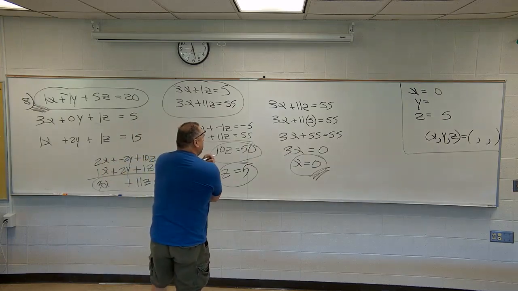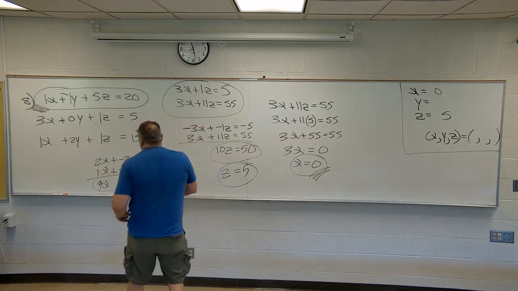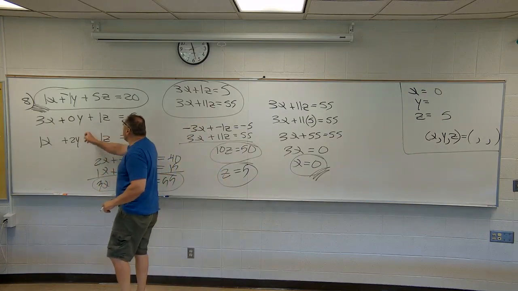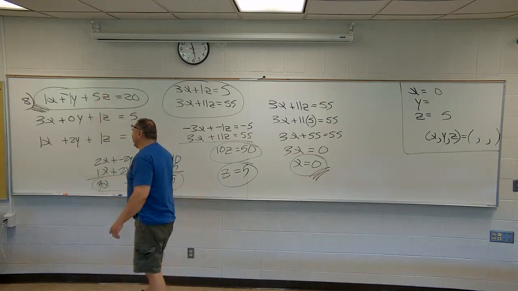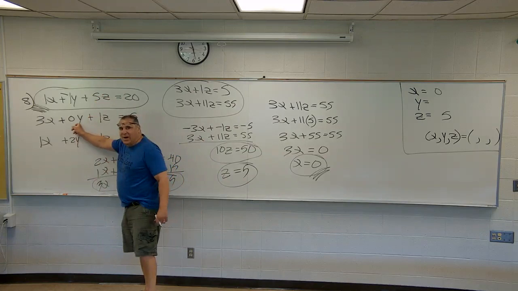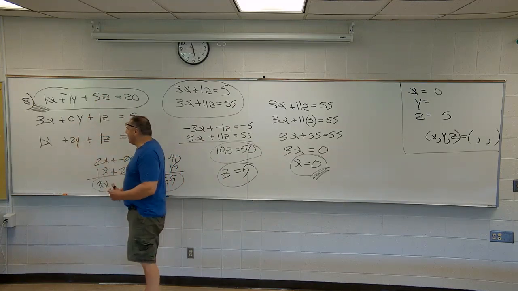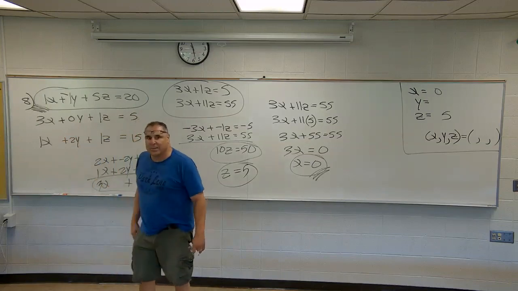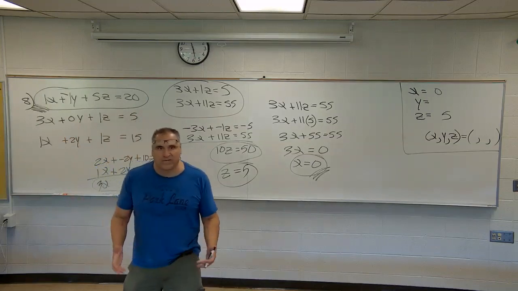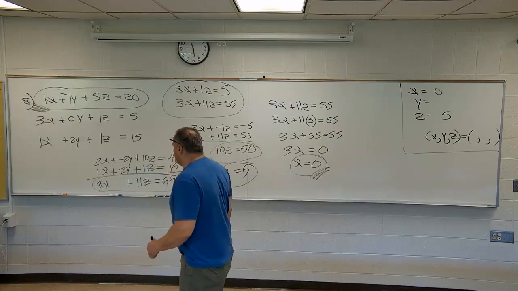So let's see what we got: z equals 5, x equals 0. Be my guest, use this one or this one to find what y is. Well, you can't use this one, because y is not really in this particular equation. It kind of is, but I'm not going to divide by 0 when I solve this thing. So I have to use the other two.